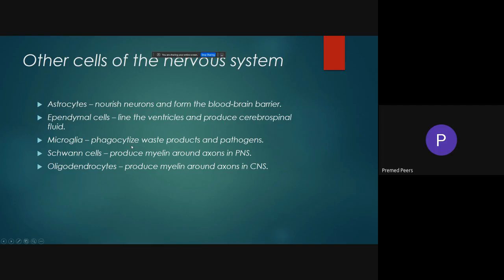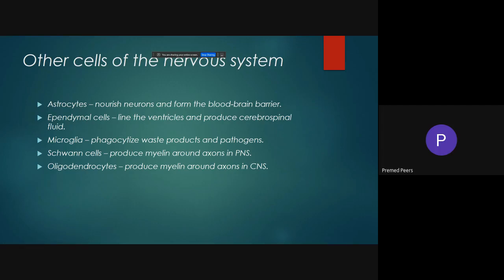Other cells: it's not super important to memorize the details of each of these. This is more to show you that the nervous system is made of neurons, but it is also made of these other cells that collectively we call glial cells, those little cells you saw back then. So these first three are for the central nervous system. Astrocytes, most importantly, you would think of for the blood-brain barrier.